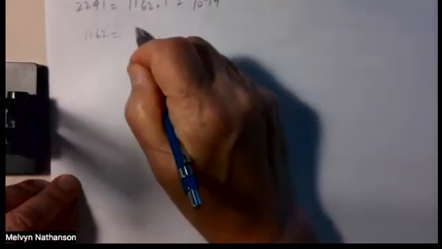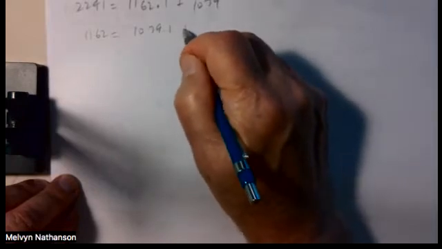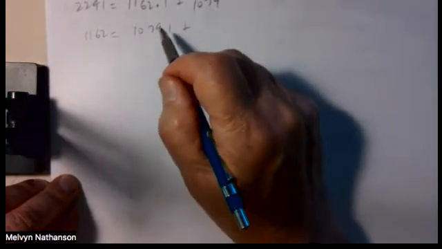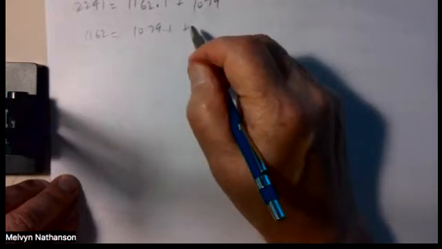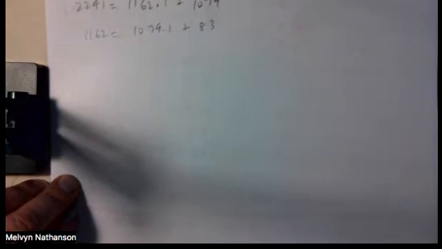And then 1162 is 1079 times 1 plus, let's see, 21 and 62 is 83, I think. Is that right?